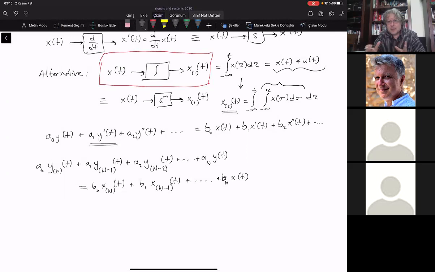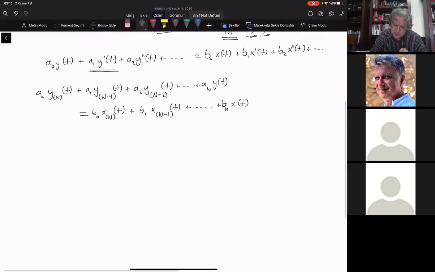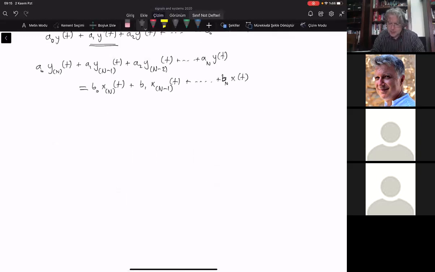When we describe everything in the form of block diagrams using integrators, it is going to look in the opposite order, in the reverse order. So the input part, which is b0 x sub n, etc., all those things will look like this.